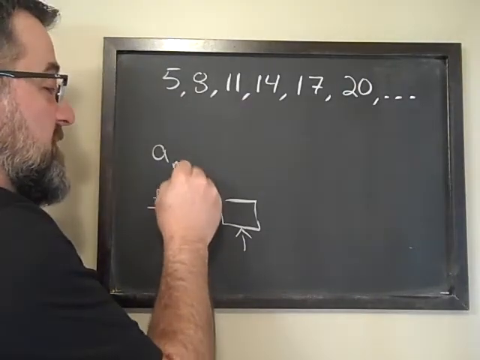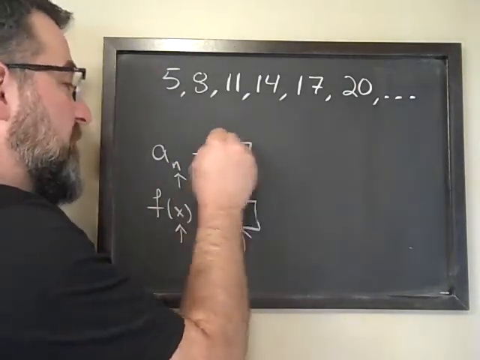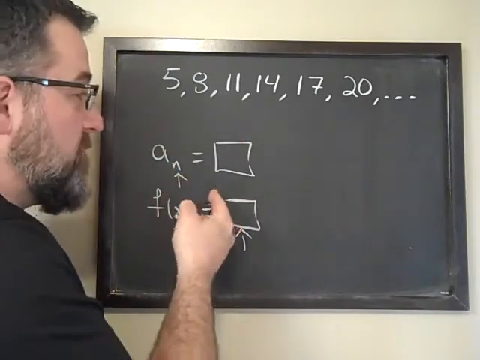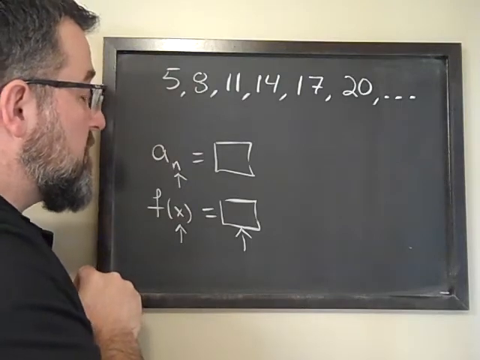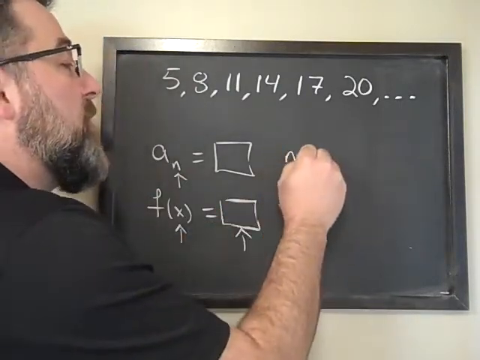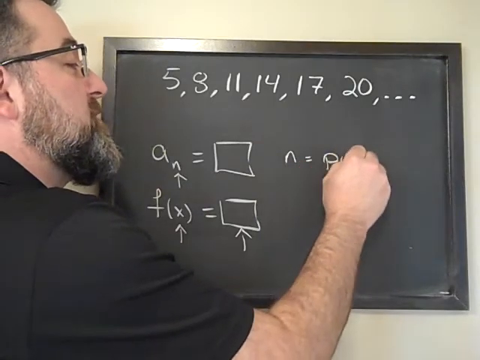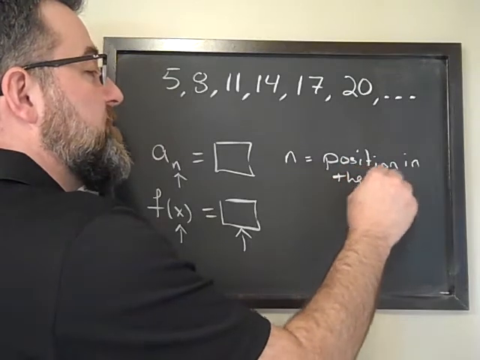The n tells us what the input is, and whatever we get for a sub whatever that input is, that's what the term in the sequence is. So what does that n represent in a sequence? N represents the position in the sequence.